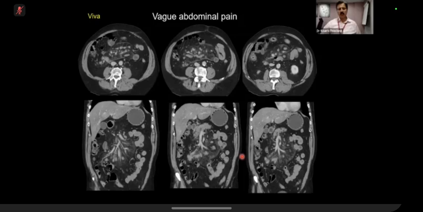Previously, our concept was that many of these things are unrelated to each other. Now we know there is a huge spectrum. Retroperitoneal fibrosis, mesenteric panniculitis, let's say autoimmune pancreatitis, sclerosing cholangitis.